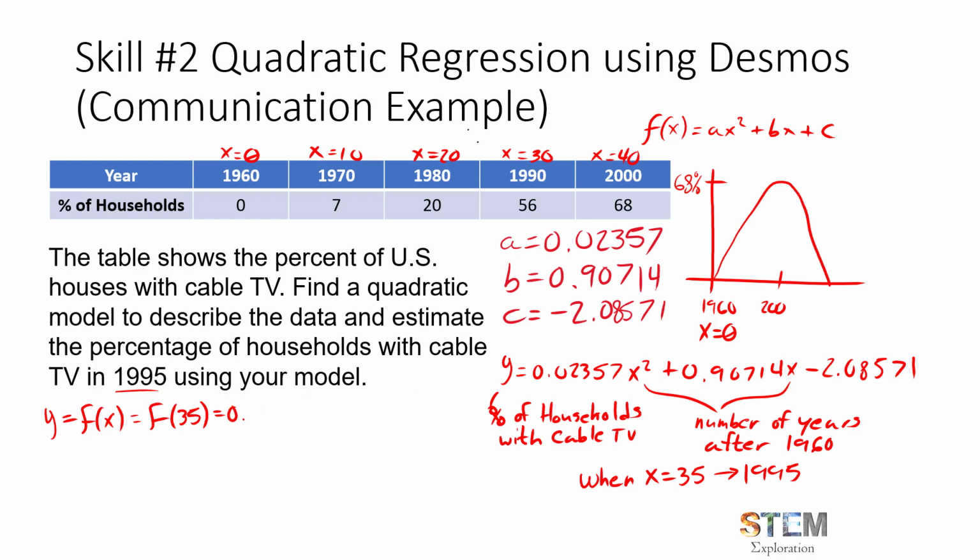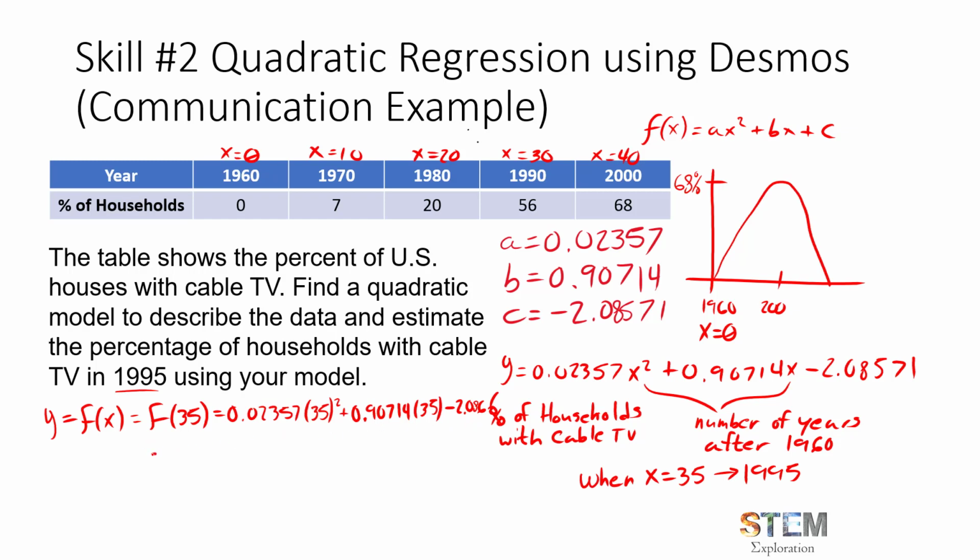So we'll go 0.02357 times 35 squared plus 0.90714 times 35 minus 2.086. Let's just round it a little bit just so it all fits there.